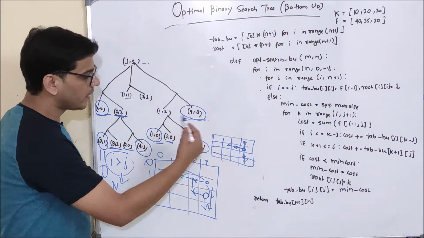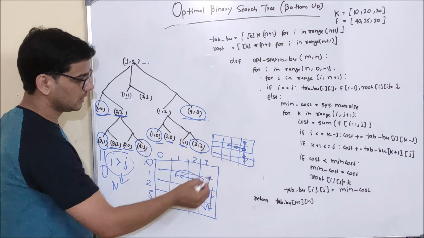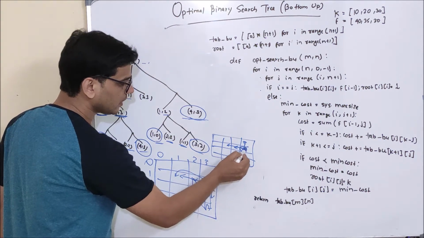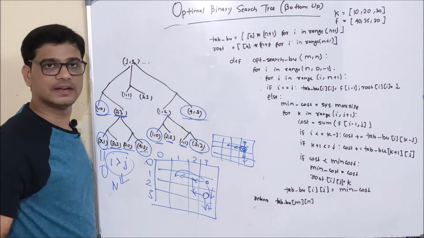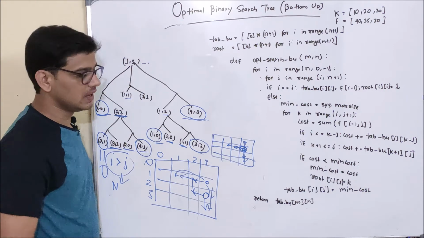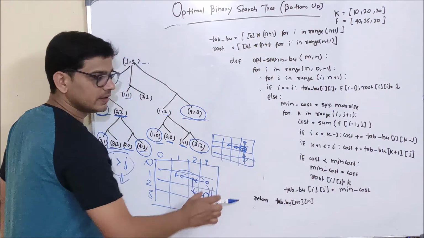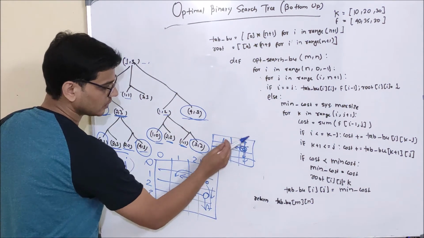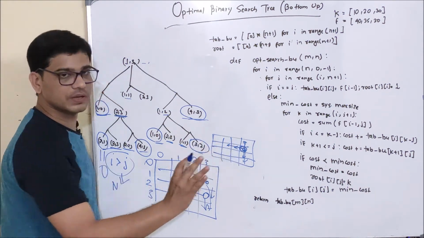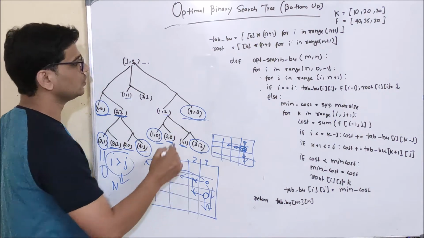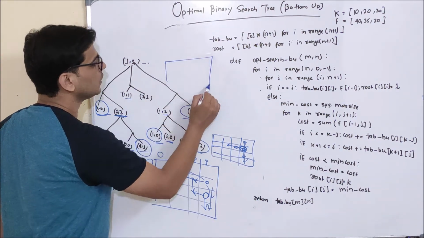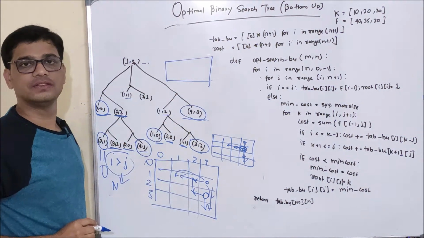So my dependency is that if I want to update a value in this particular table, that is cell in this particular table, then I need rows below it to be updated and column before it to be updated. Okay, so in how many ways we can cover this particular dependency?